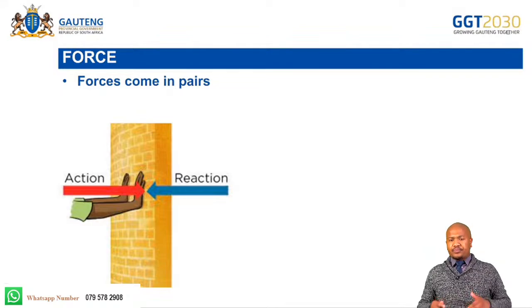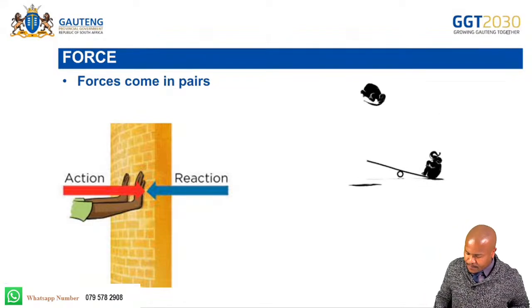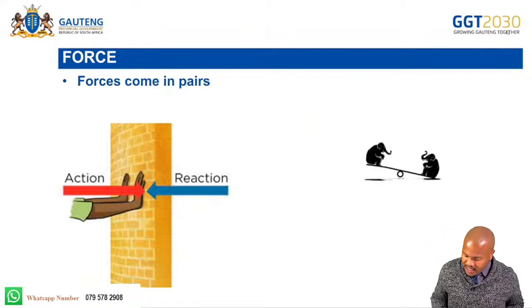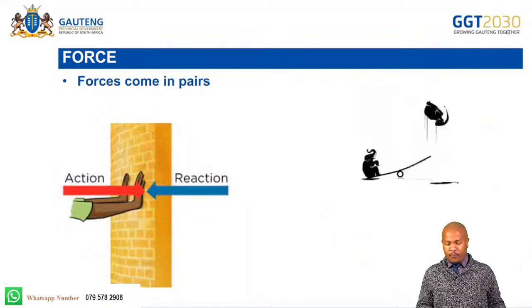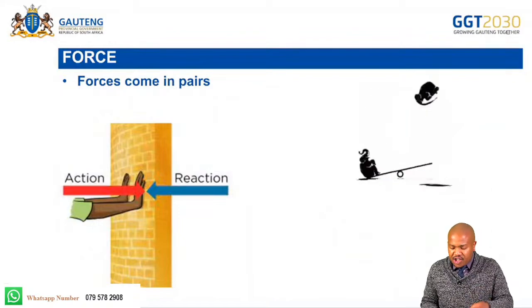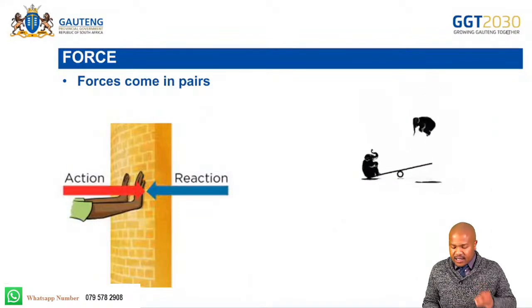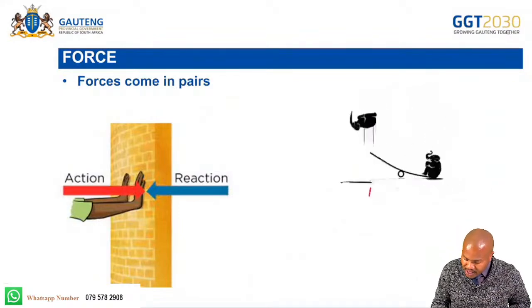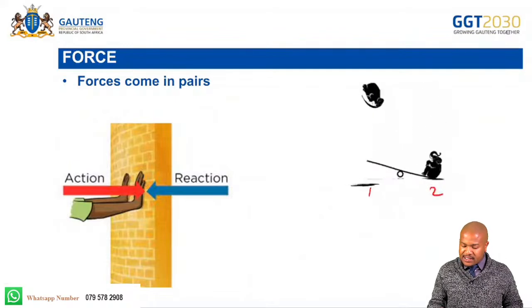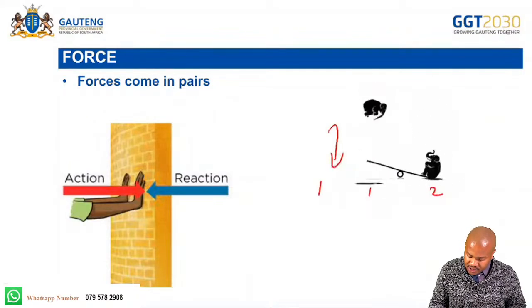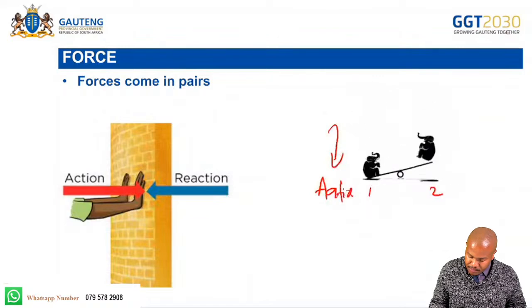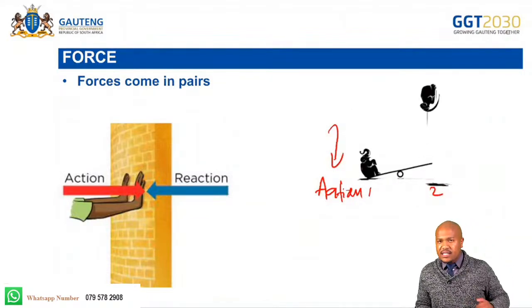So now, here is another example. You have two elephants playing on a seesaw. For every action that is applied here, there is a reaction. So elephant number one is applying some action, pushing down on the seesaw.